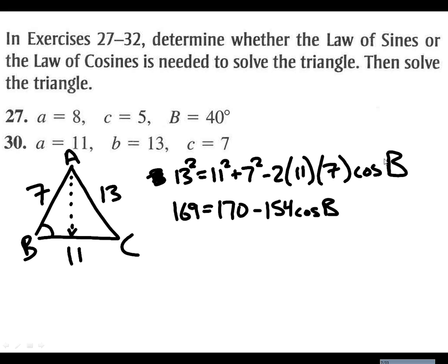And then we're going to do the inverse cosine. So I got 0.006 equals cos B. I got B equal to 89.63 degrees.